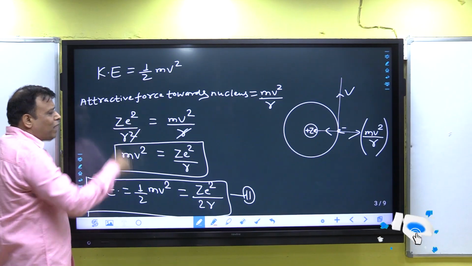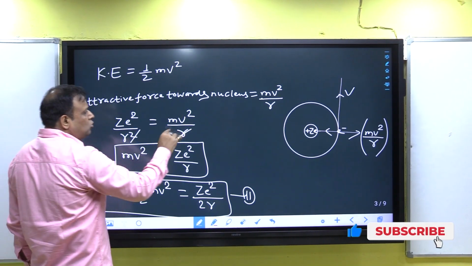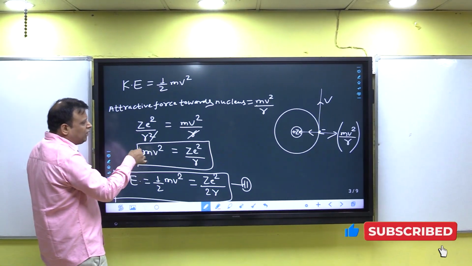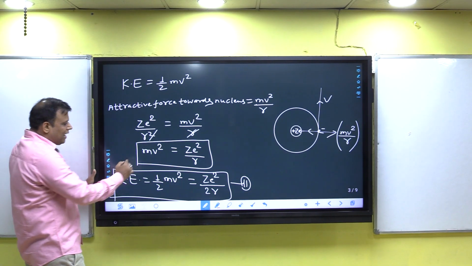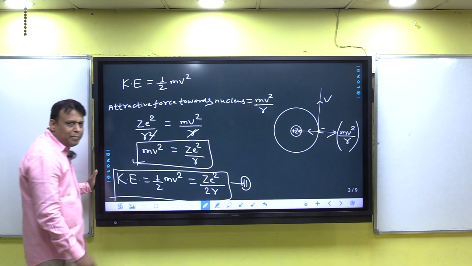And Ze square by R square is equal to centrifugal force. Attractive force equals centrifugal, R and R cancel, and hence mv square is equal to Ze square by R.